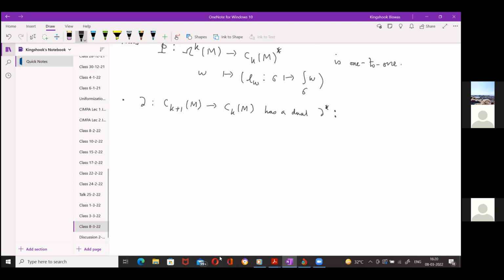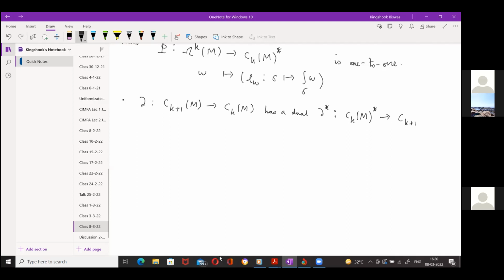So this goes from C_k(M) star to C_{k+1}(M) star, right? The dual goes in the opposite direction between the dual vector spaces. The usual dual, the dual of a linear map between two vector spaces, is a linear map between the dual vector spaces. This everyone knows, right? It's just basic linear algebra. So delta star.